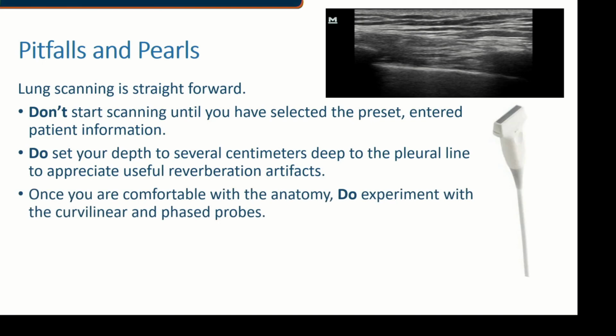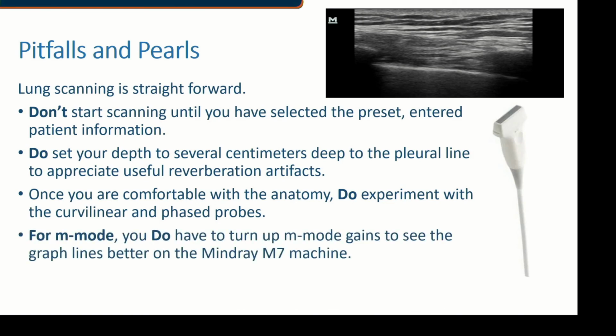Once you're comfortable with the anatomy, you should experiment with the curvilinear and phased probes, because they may be the only thing available to you when you're in an emergency setting, and you can still use M mode with those if you're in zone 1. But in the other zones where you need to go deeper, you can still use all of the tools at hand for each probe.